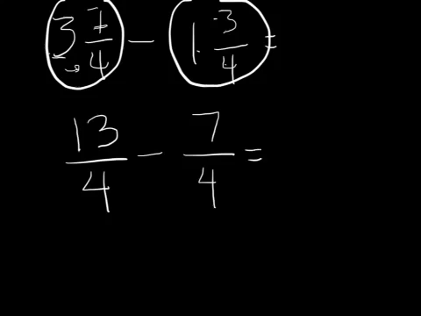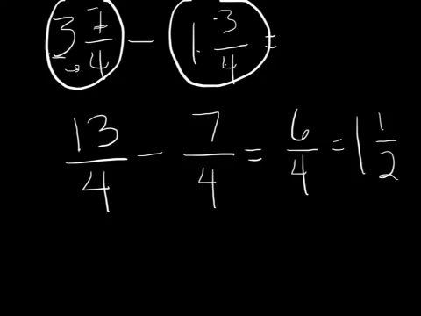Now we can do our 13 minus 7. 6/4 is our final answer, but it's not in simplest form. 6/4 is like 4/4, which is a whole, with 2/4 left over, which is the same as 1/2. And if you recall, that's the exact same answer we got using the other method. If you're doing it right, you better get the same answer using either method.